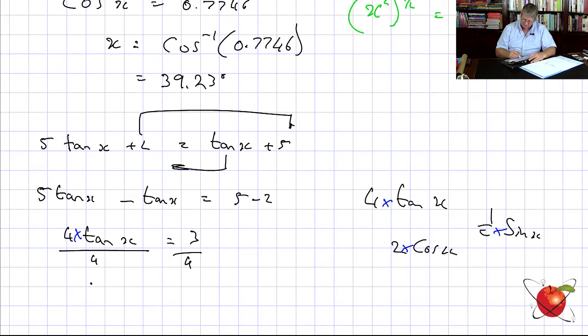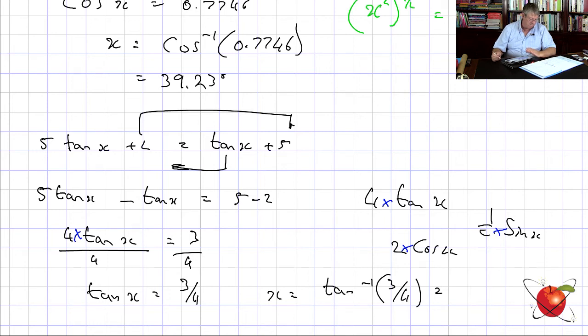Therefore, tan x is equal to 3 over 4. Therefore, the next step is x is equal to arctan, the angle whose tangent is 3 over 4, and it gives me an answer of 36.87. Right? Like that.